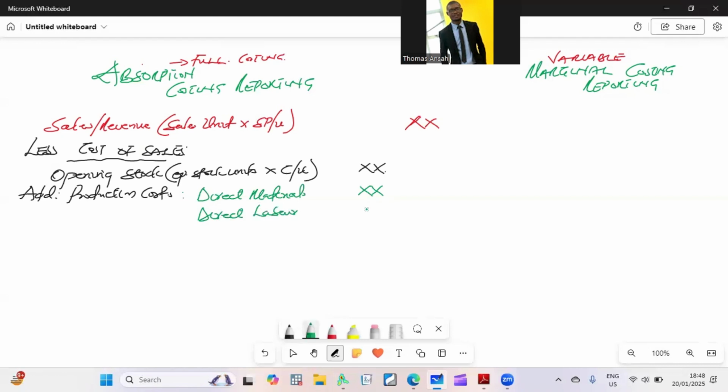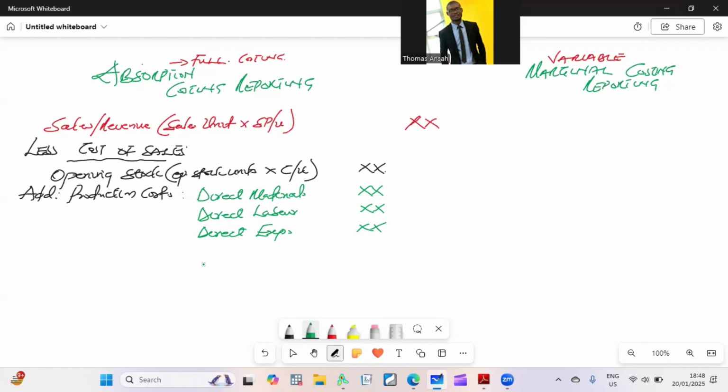If you have direct expenses, you can add direct expenses. Then these give you your prime cost. These three is what we call prime cost.